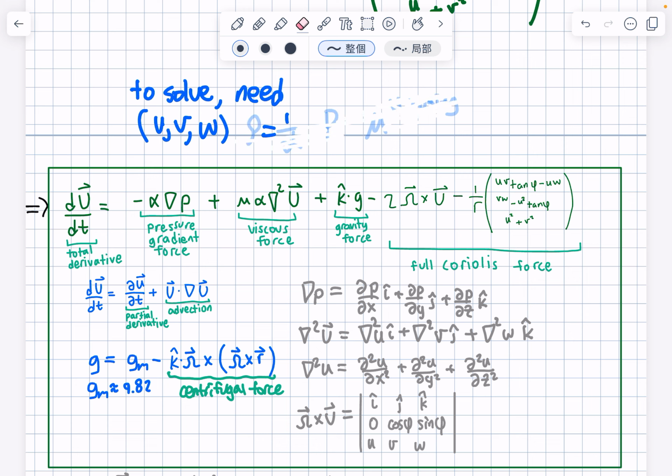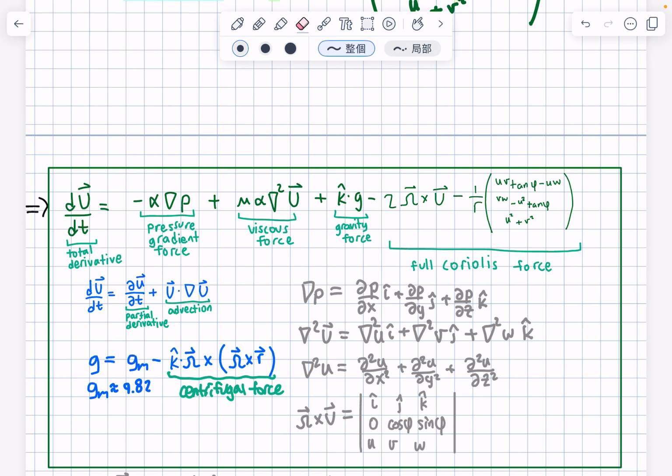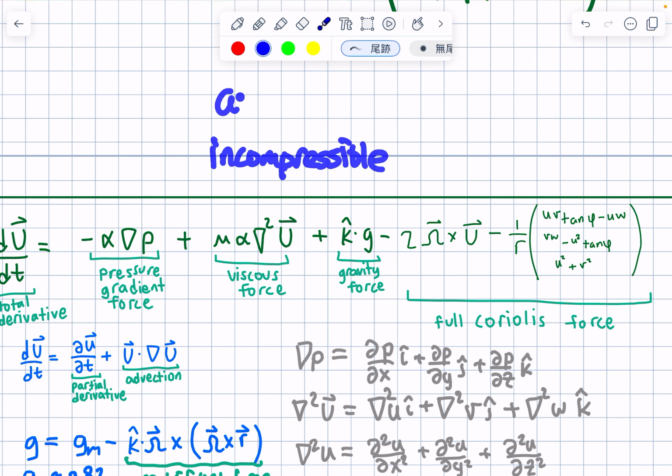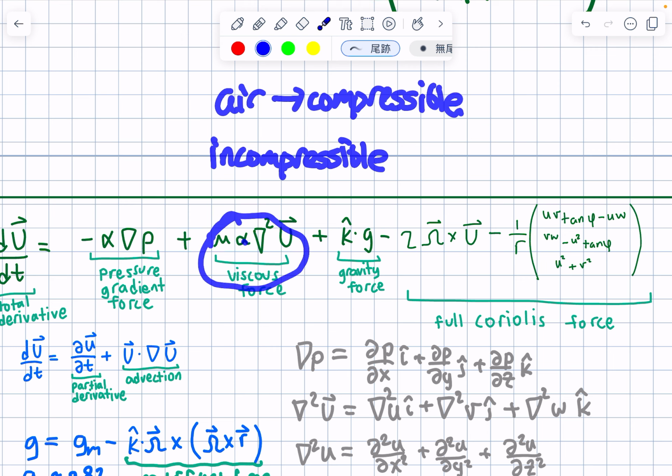And I do want to mention one or two things about the friction. This friction is for an incompressible fluid, and air is compressible, right? Treating the friction as an incompressible friction is a pretty good approximation for air.